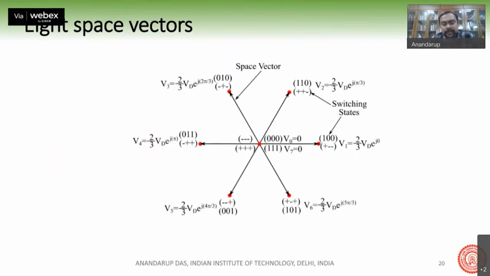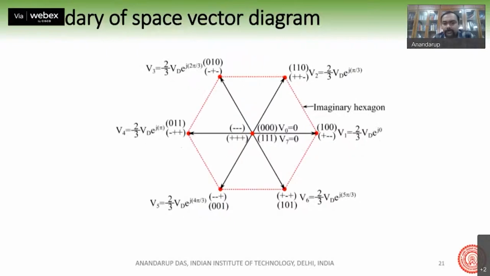And these are actually represented diagrammatically, which is known as the space vector diagram. In this space vector diagram, there are 8 vectors which are marked by these red colored dots, which are the endpoints of these vectors, as well as the 2 zero vectors. Okay, so for convenience, we actually put a boundary on this space vector diagram, although this boundary does not exist.